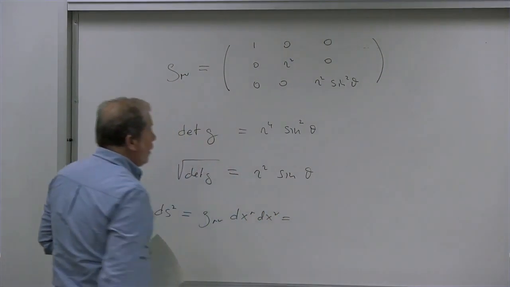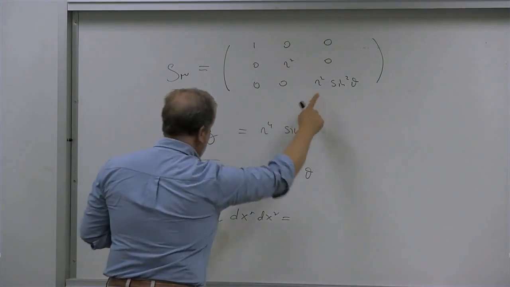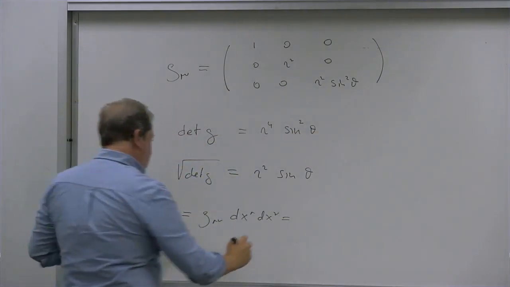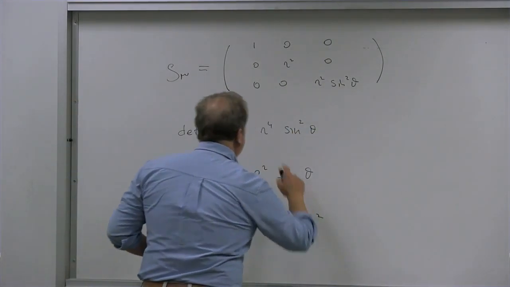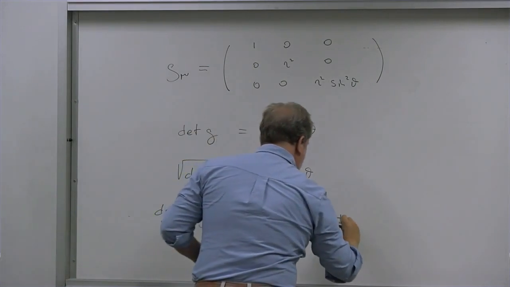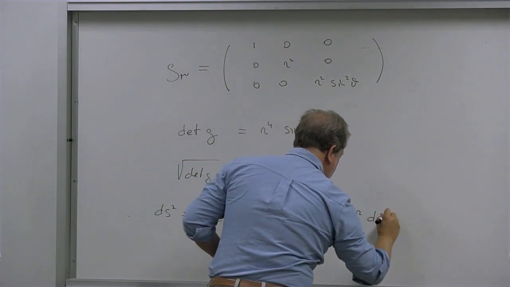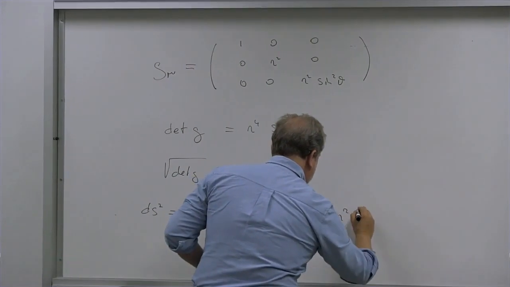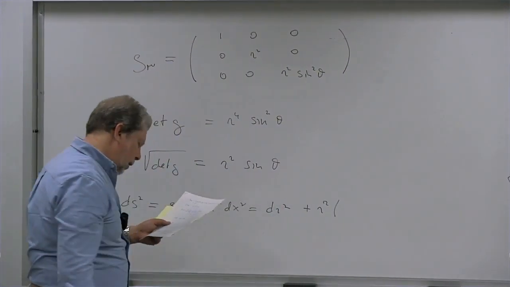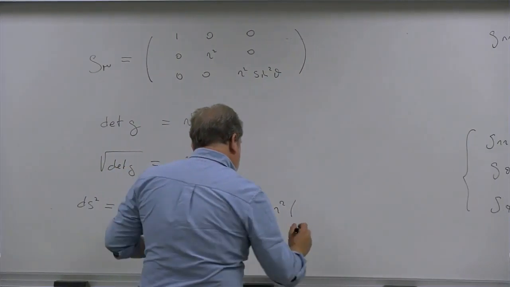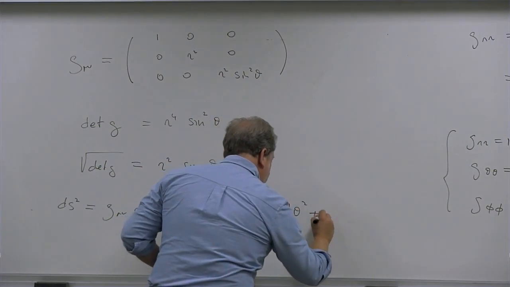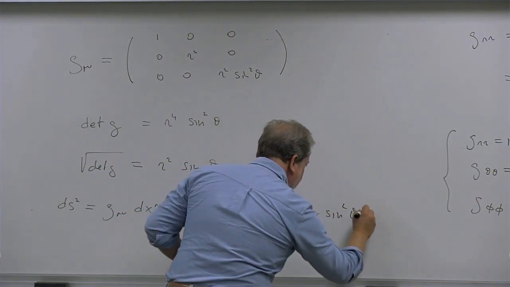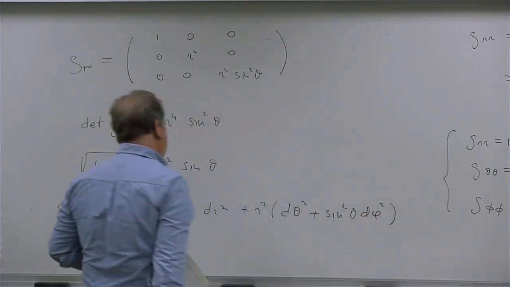So this has these coefficients. It is equal to dr squared with a coefficient of 1, plus r squared d theta squared, and we can write the second term as r squared times sine squared theta times d phi squared. We can write it in this form.